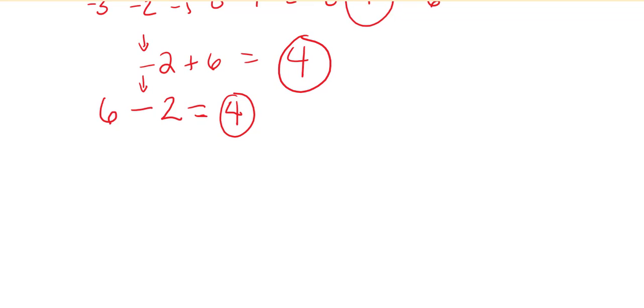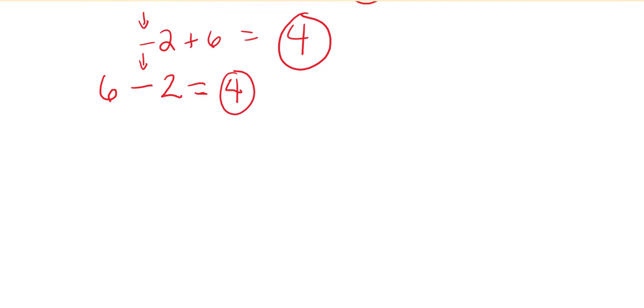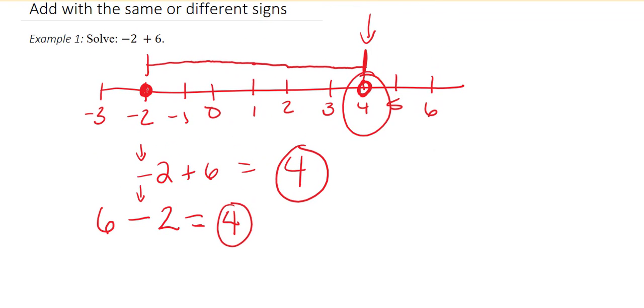Let's just use the same number line. So if we start at 6, then we go down 2, so we go 1, 2, and we also end up at 4. So see how we could have solved it 2 different ways just here on this one. So there's just kind of different ways to look at it.